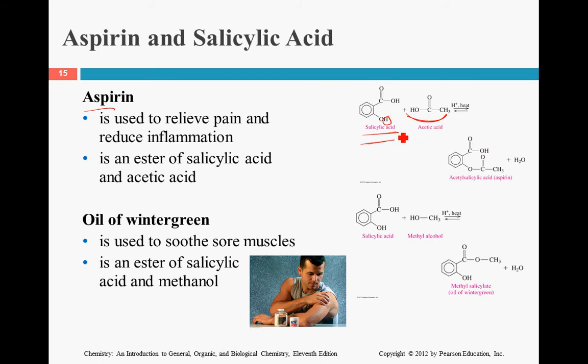However, if they combined it with an acetic acid and make it an ester instead, it actually didn't upset the stomach as much because you're not adding any more acid to the stomach. Then wintergreen is used for sore muscles, kind of like with Icy Hot.